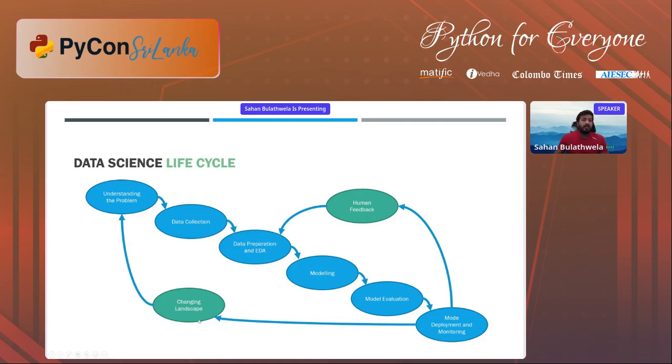We need mechanisms to detect that and then revisit, building new models that are much more defensive to the changing landscapes. So this is the second cycle. And this pretty much makes a very reliable data lifecycle that allows you to constantly keep up to date with the changes in the data landscape.